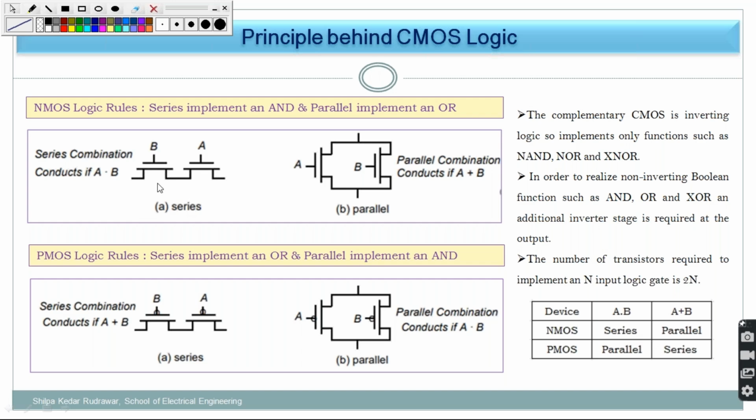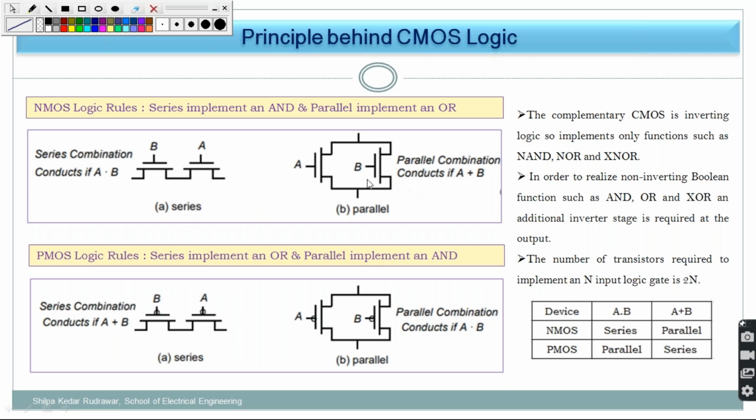If the A into B combination needs to be implemented, it's 2 NMOS, as there are 2 variables A and B in multiplication fashion. You need to connect those 2 transistors in series, and keep a note that the NMOS does not have a bubble. So you need to understand the symbols of NMOS and PMOS.